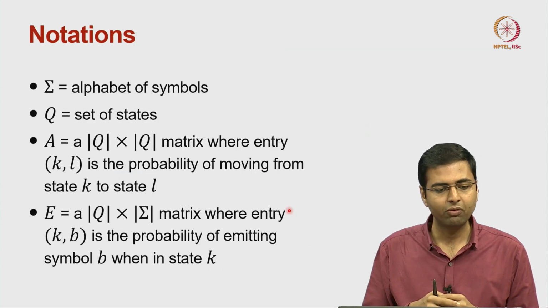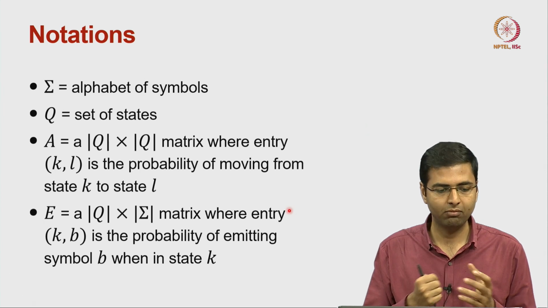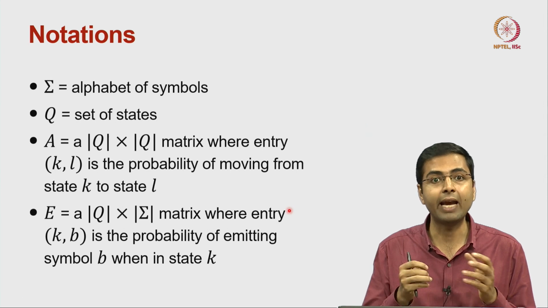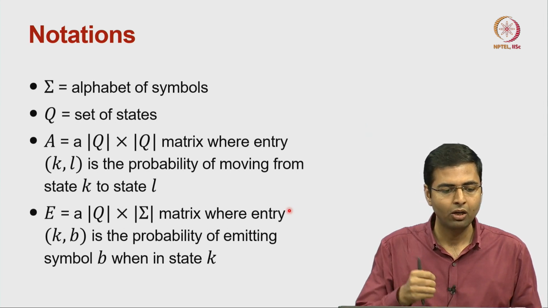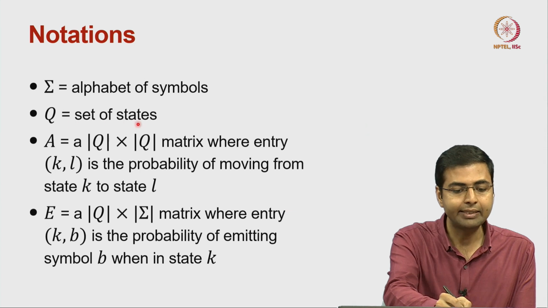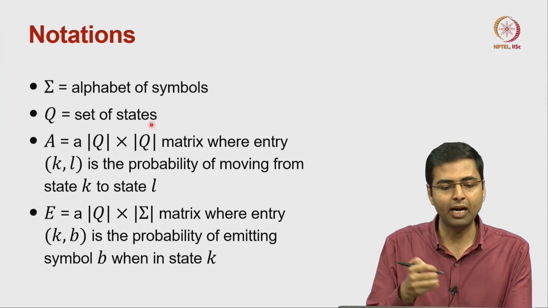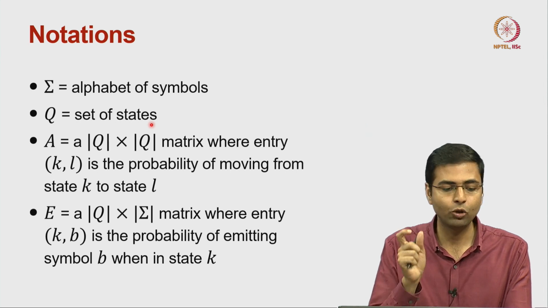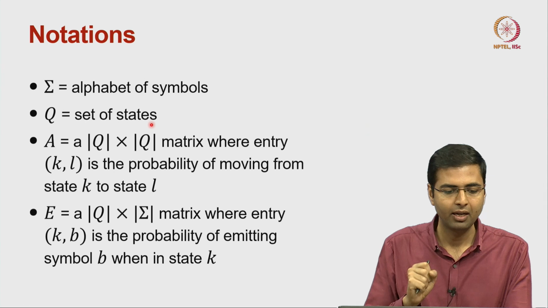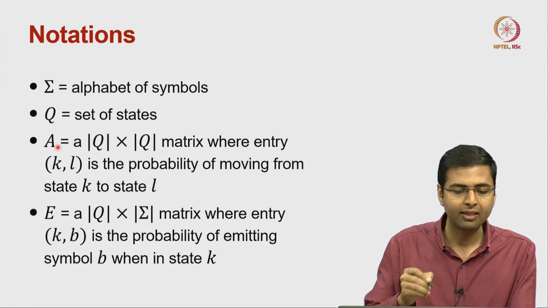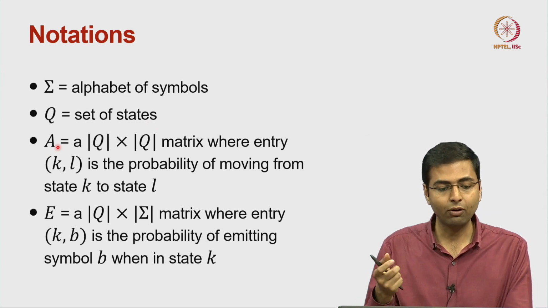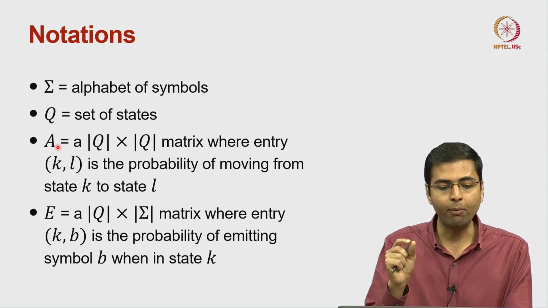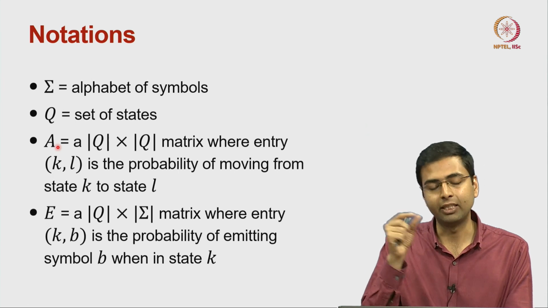We will use the following notations when we are discussing hidden Markov models. As we saw, sigma is the alphabet of symbols that are being emitted by the HMM. We will refer to Q as the set of states, and the matrix A is a matrix of size Q cross Q, where each element of this matrix tells me the probability of moving from one state to another state.